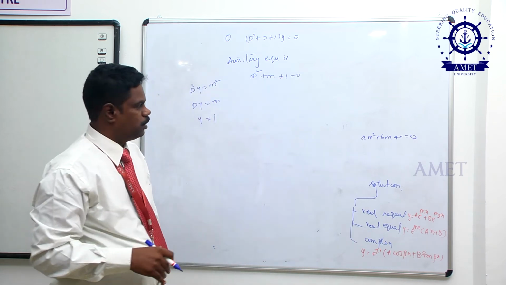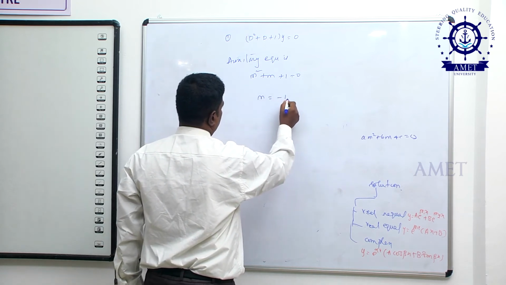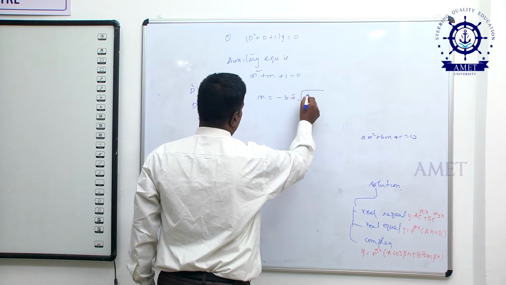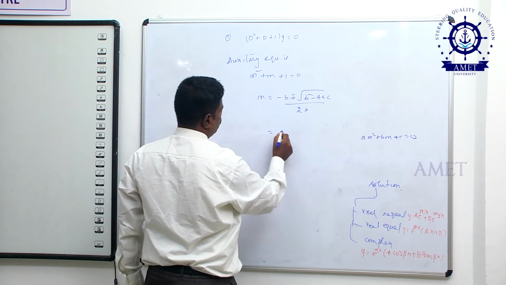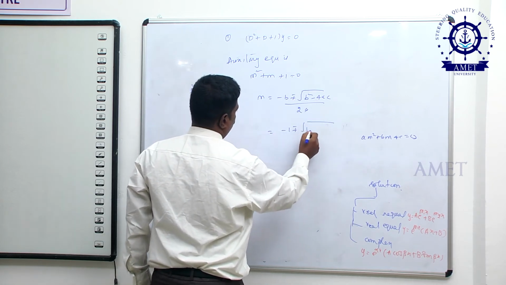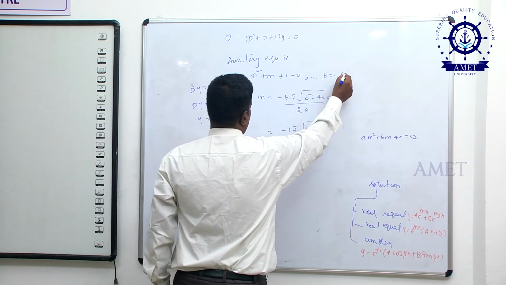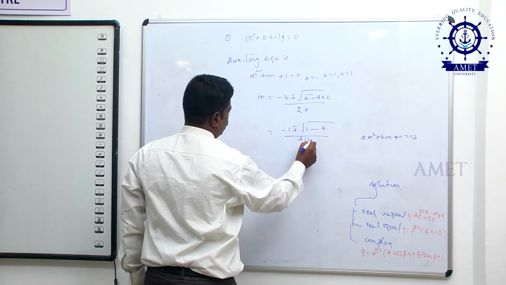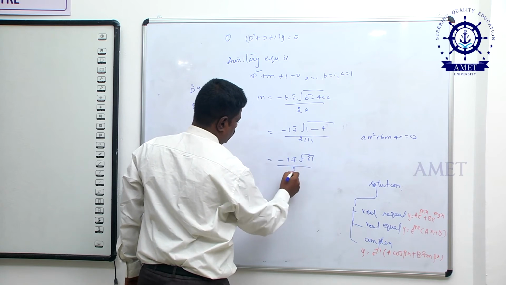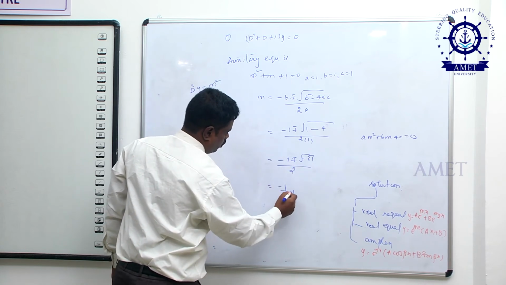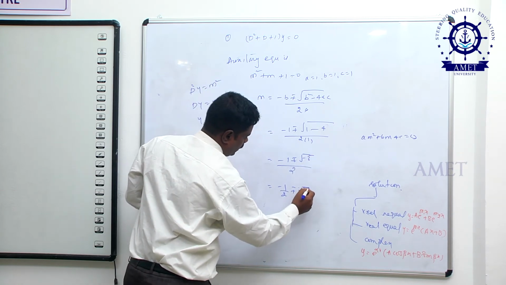It is a quadratic equation, so definitely it has two roots. m is equal to minus b plus or minus root of b squared minus 4ac divided by 2a, that is minus 1 plus or minus root of 1 minus 4, with a equal to 1, b equal to 1, c equal to 1, divided by 2 into 1. That gives minus 1 plus or minus root of minus 3 divided by 2, which is minus 1 by 2 plus or minus i root 3 divided by 2.